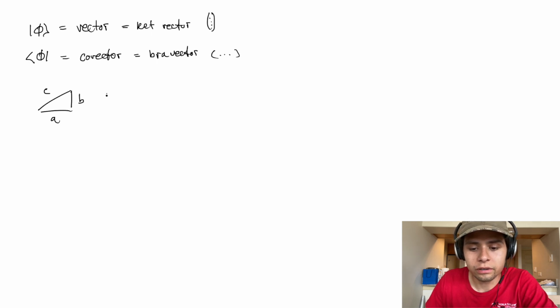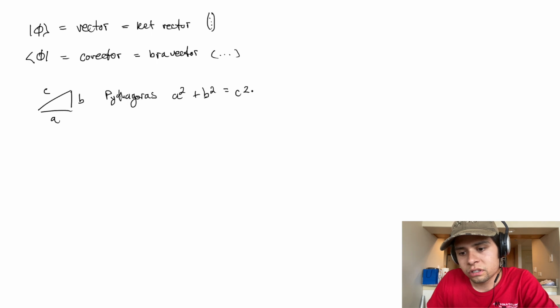If we remember Pythagoras, then a squared plus b squared equals c squared. Okay, so c squared here. So what's interesting is that to figure out exactly what the magnitude of this vector c is, we're basically squaring it.